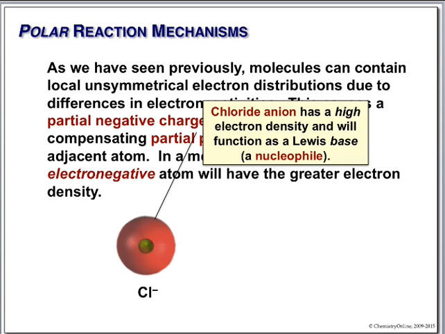This is chloride anion. In this type of substitution reaction, this is going to seek out a positive center. Because of that, it is going to be called a nucleophile, nucleus-positive loving.